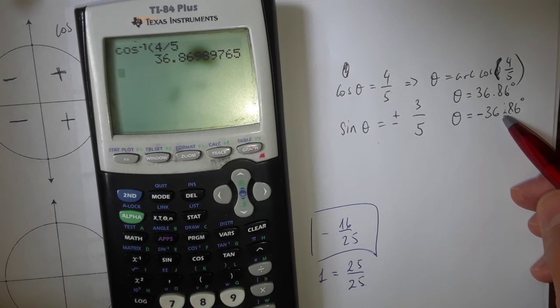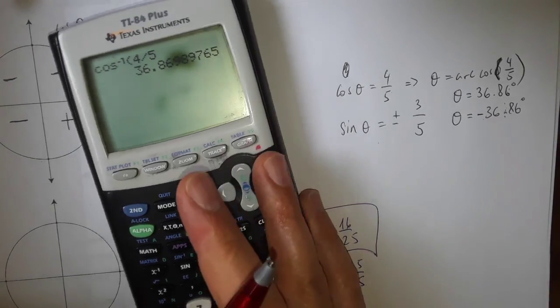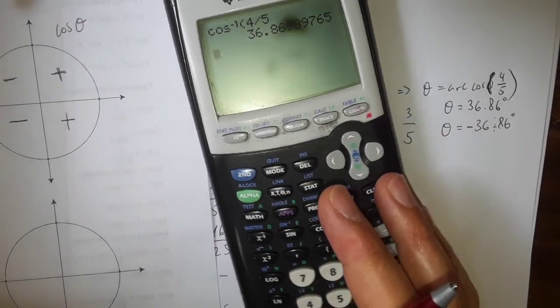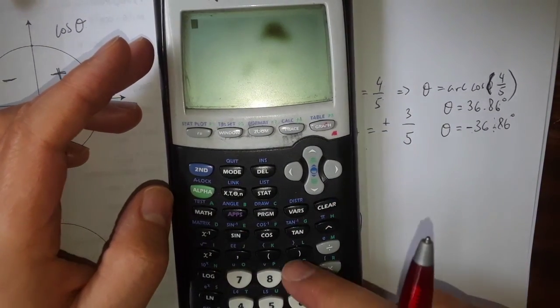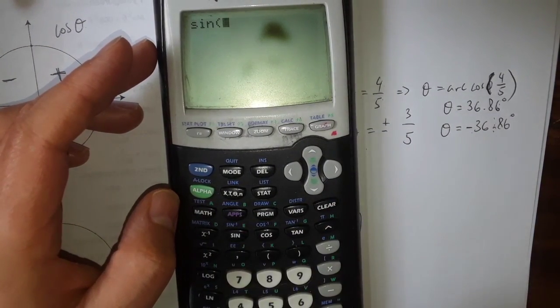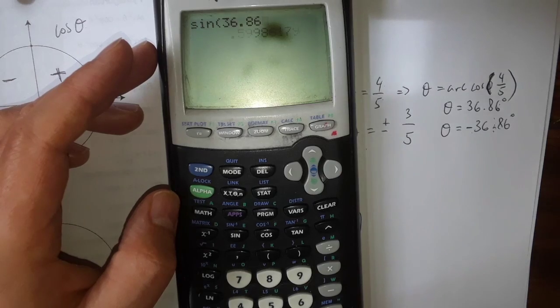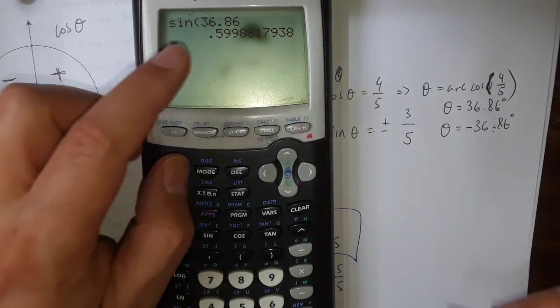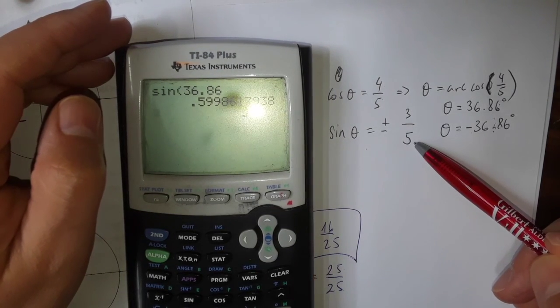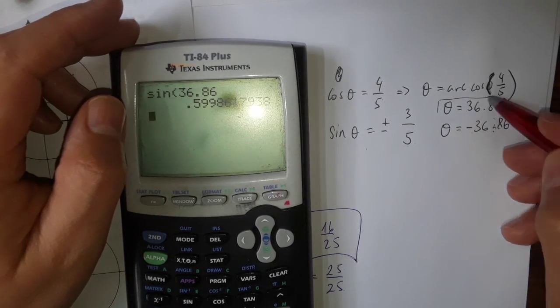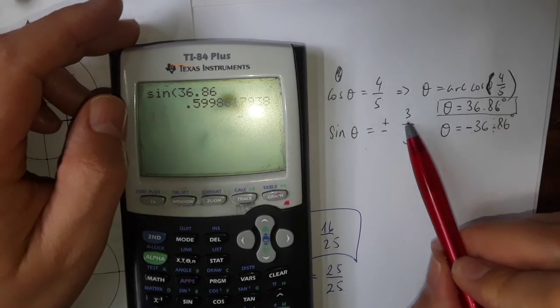Okay, now if we take this 36.86 and we do sine of it, that's going to give us almost 0.6, which is the 3/5. So this is going to be positive 3/5.